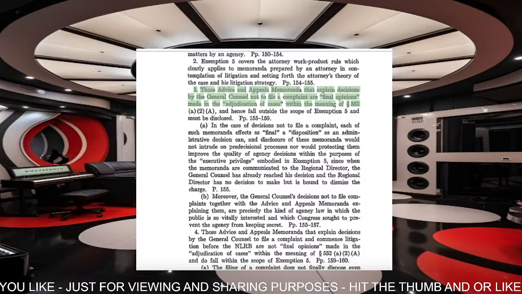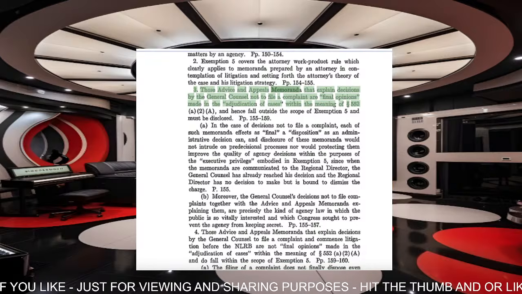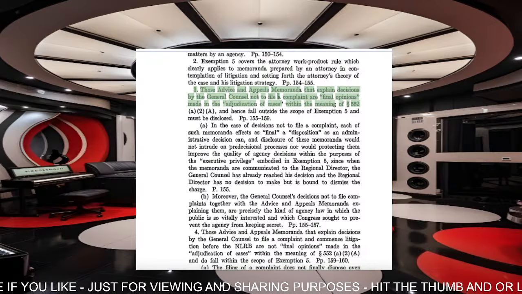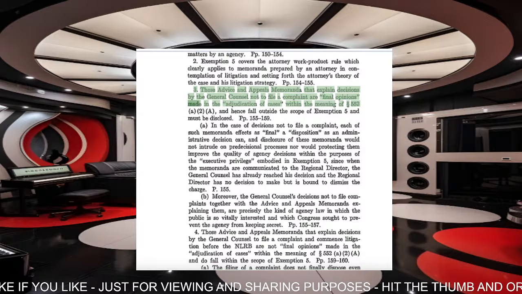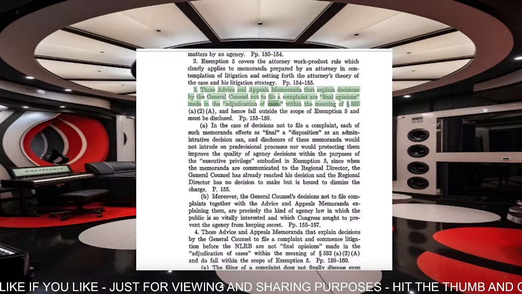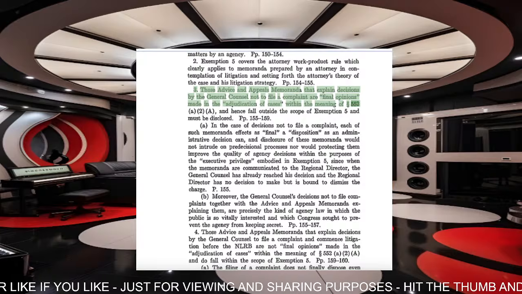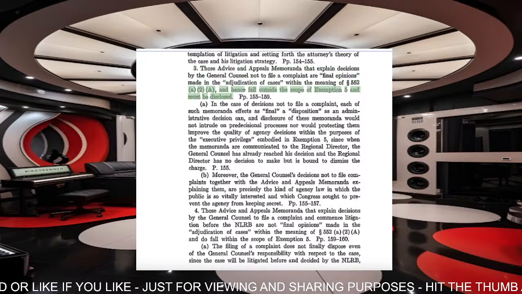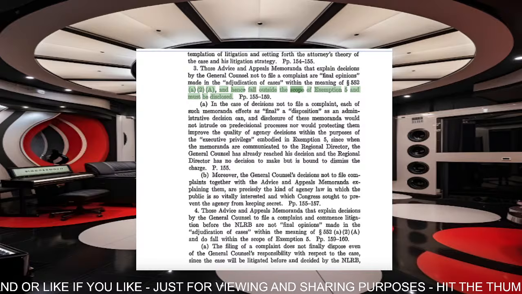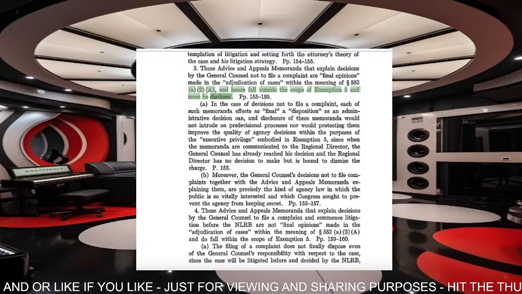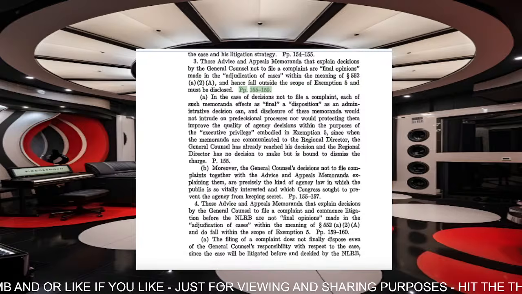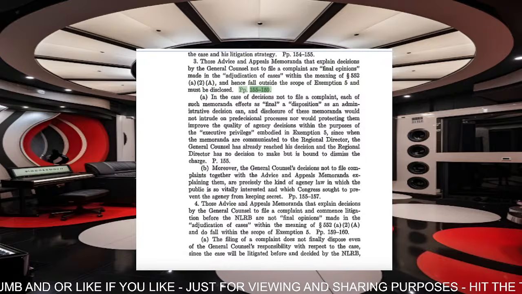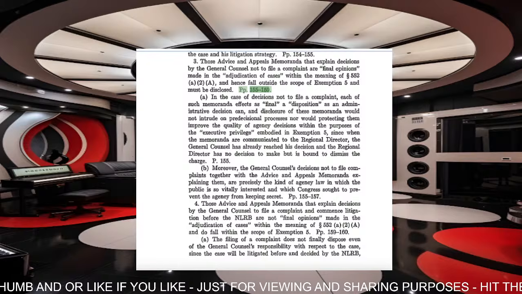154-155. 3. Those advice and appeals memoranda that explain decisions by the General Counsel not to file a complaint are final opinions made in the adjudication of cases within the meaning of 552, and hence fall outside the scope of Exemption 5 and must be disclosed. pp. 155-159.